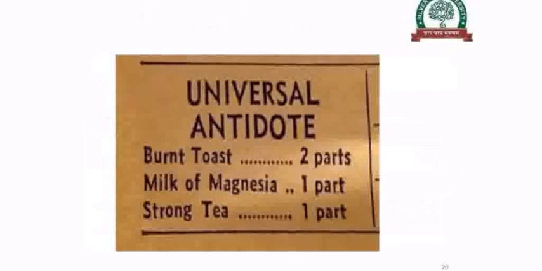Now, at all times we may not be able to mix the three substances. So for the activated charcoal, we take a hard toast and burn it completely. We burn the bread and it will be converted into charcoal. We take 2 parts of this powder and mix it with 1 part of milk of magnesia, which is available as a laxative in most homes, and we mix it with strong tea.